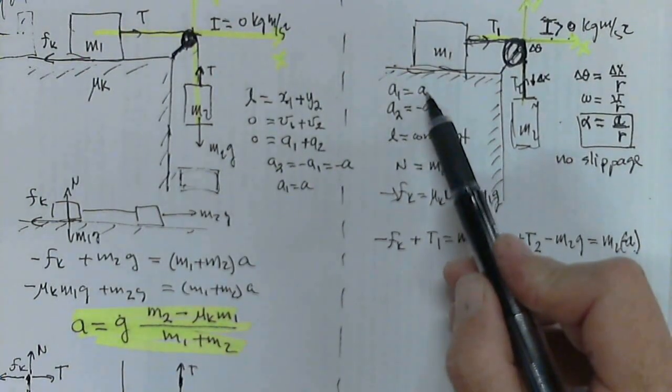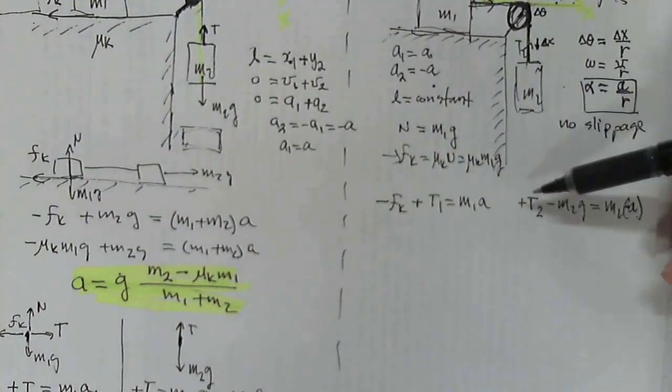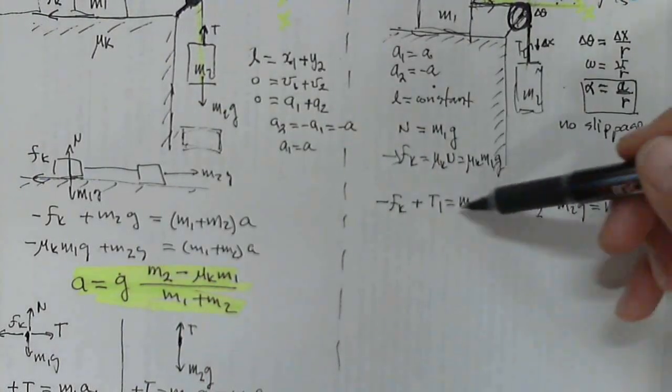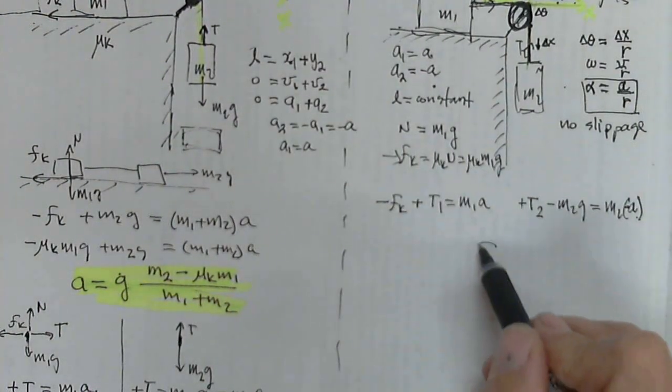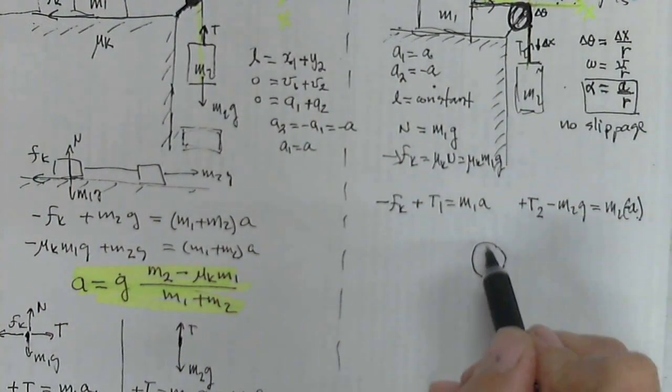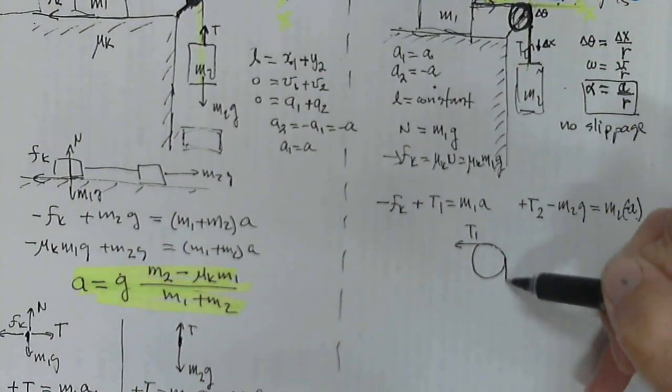What is A? It is the magnitude of the acceleration of either object. But this is a vector equation, so directions matter. And now we have the pulley here. So T2 is here, T1 is here, and T2 is here.